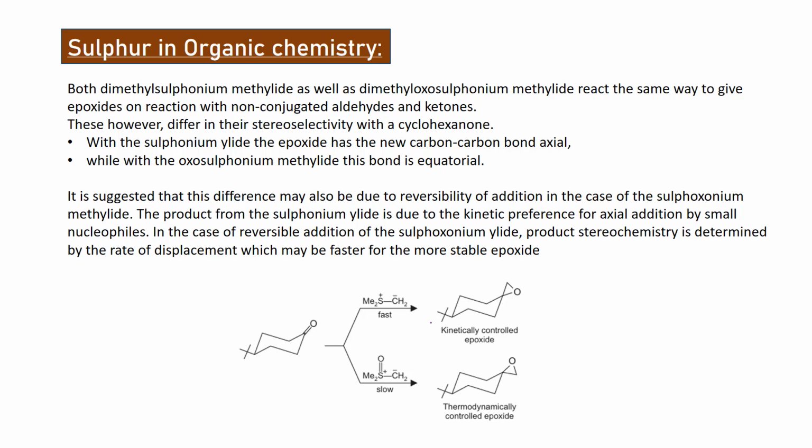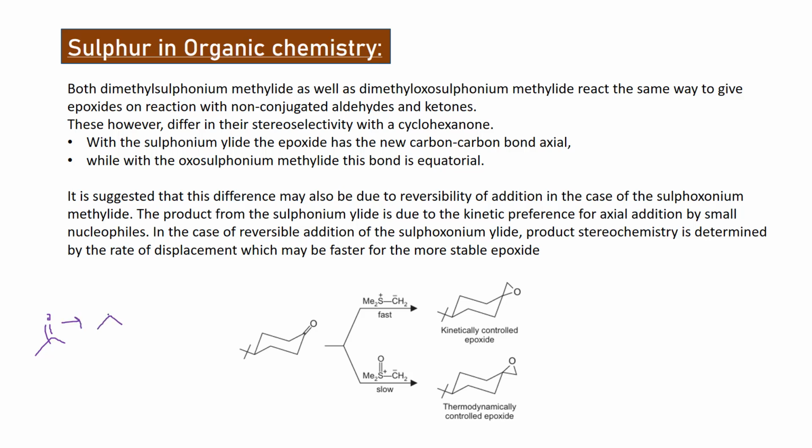Sulfur in organic chemistry. Both the dimethylsulfonium methylide as well as dimethylsulfoxonium methylide react in the same way to give epoxide on reaction with non-conjugated aldehyde and ketone. So if you take a simple ketone or aldehyde, both ylides will give us the epoxide.